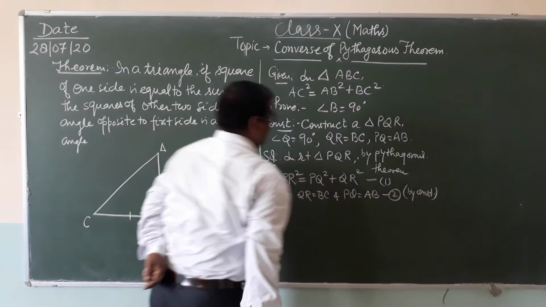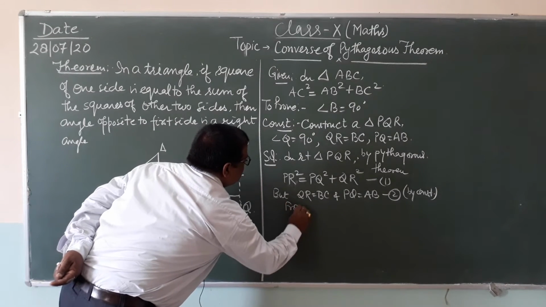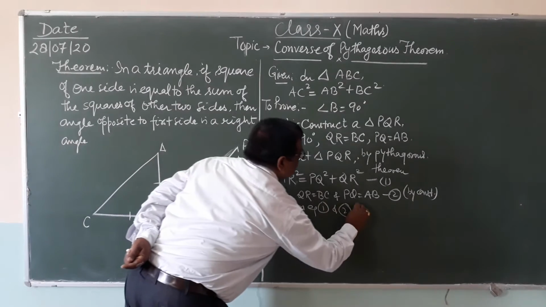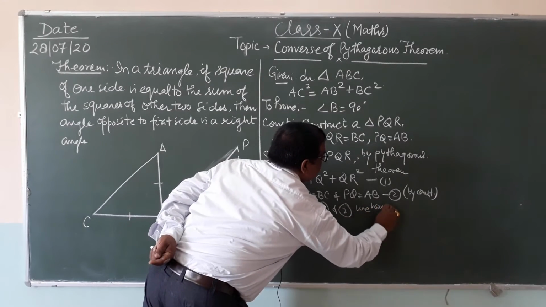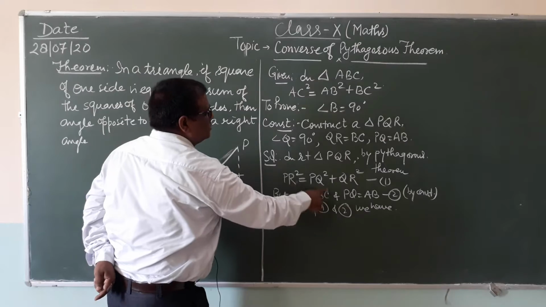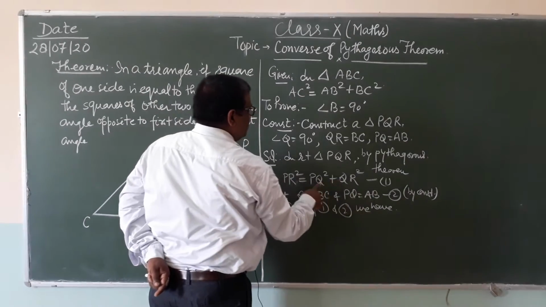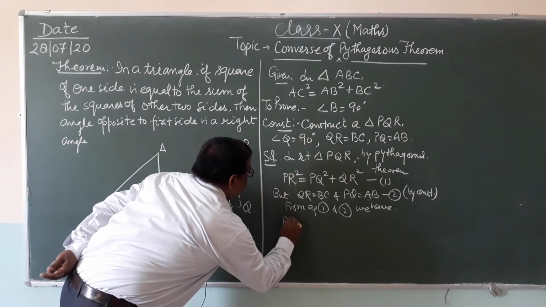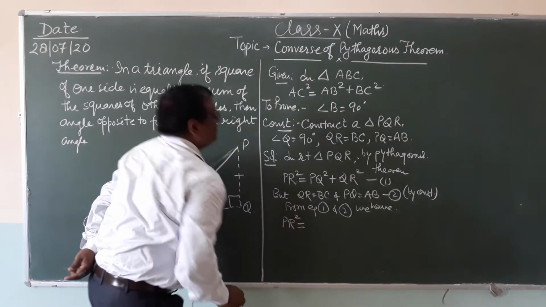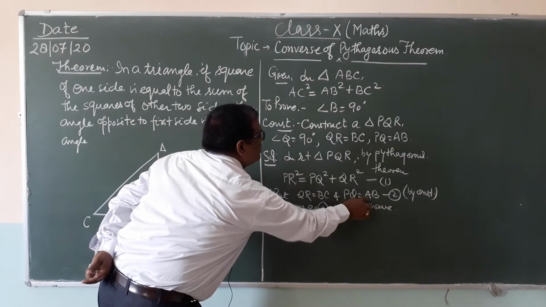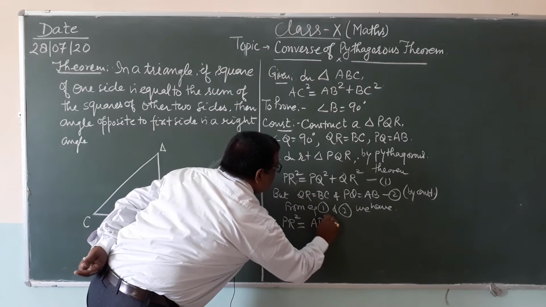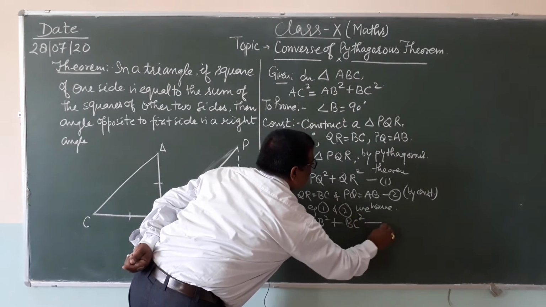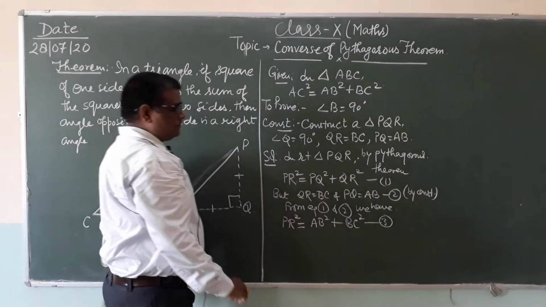Now from equations 1 and 2, put QR equal to BC and PQ equal to AB in equation 1. That is, PR square is equal to AB square plus BC square. This is equation number 3.